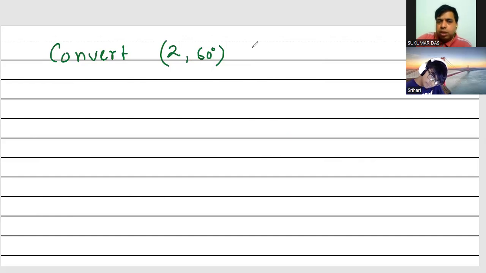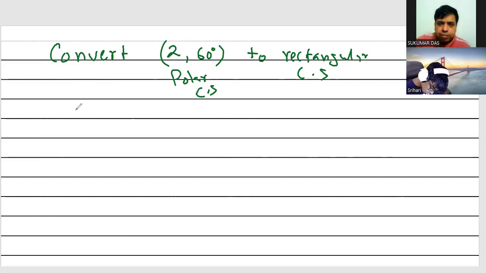So convert (2, 60 degree) to rectangular coordinates. This is the polar coordinate system, and we want to convert it to the rectangular coordinate system. It means we have to find out the x component and the y component in the rectangular axes. So this is our question, and our answer will be pretty simple.